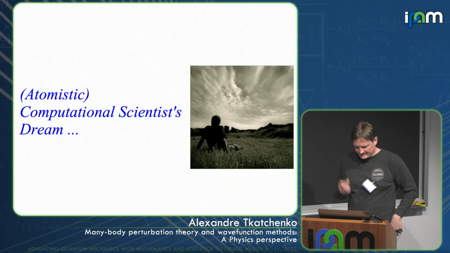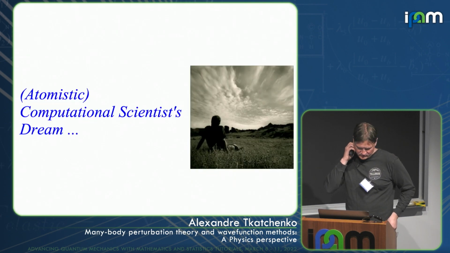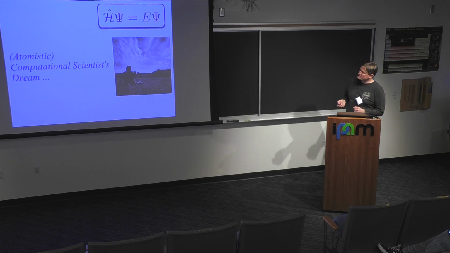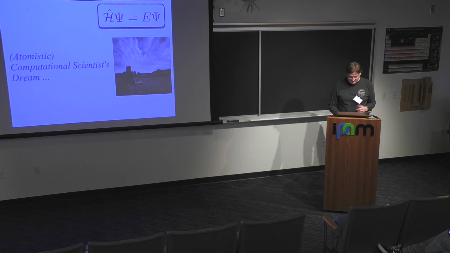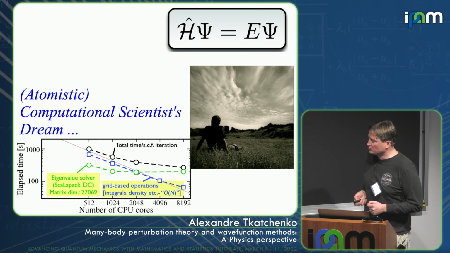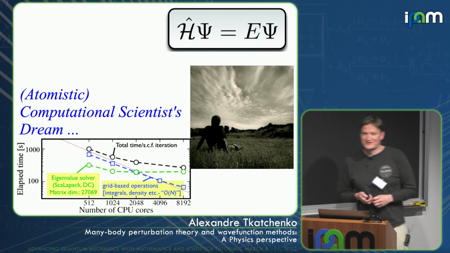Okay, so I think a lot of you do some kind of computational chemistry, physics, or material science. And of course, in this field of atomistic modeling, there is a long-held dream that we could really understand properties and functions of molecules and materials from first principles of quantum mechanics and statistical mechanics. And a dream scenario is something like this, that you could really solve the Schrodinger equation for a large enough system, and hopefully you can do it with linear scaling.